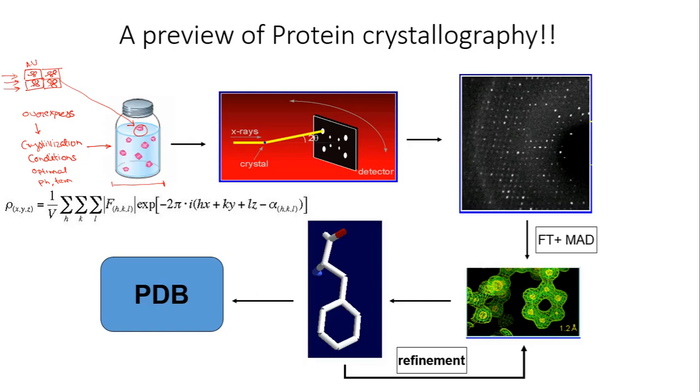Okay, so since there are atoms in your protein molecules, and these atoms will have electron densities around them, due to those electron densities the X-rays would eventually diffract.